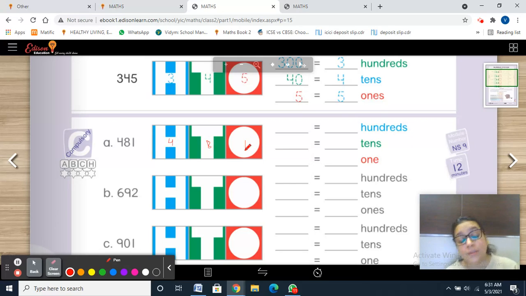Everybody, are you ready with your pencils? Take out your pencils, everyone. Page number 15. Okay.